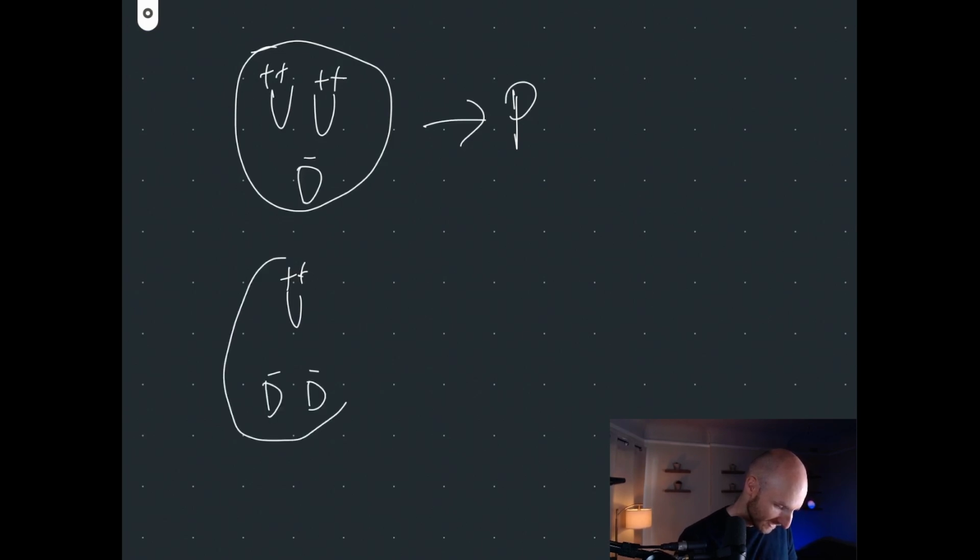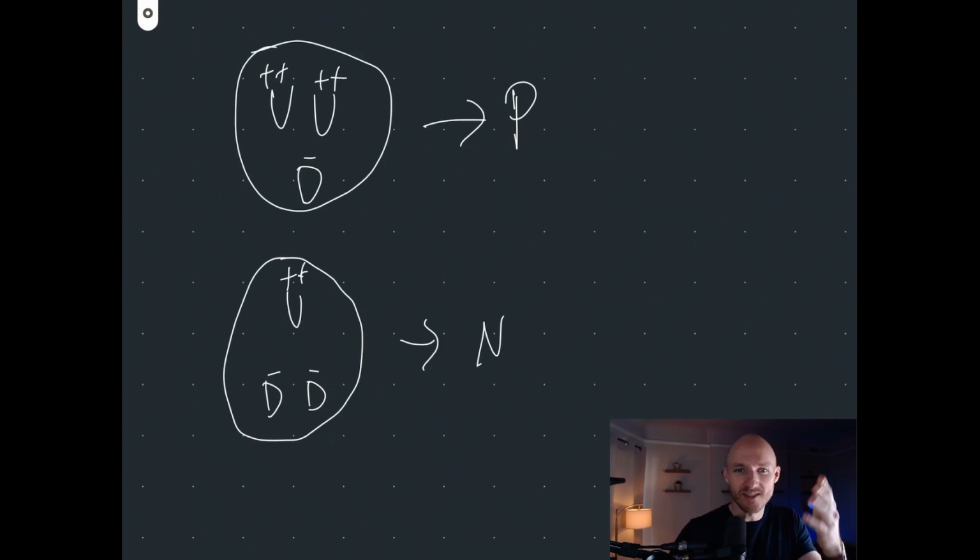You can see with the proton here, the charges add up to 4/3 minus 1/3, and with the neutron, the two pluses cancel out with the two minuses. So that is how a proton and neutron are composed of quarks.